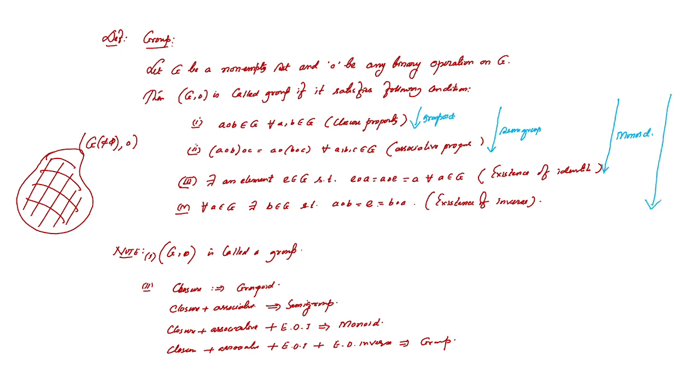If all four properties hold, this is basically a group. That we must recall. Now we'll start with one important problem, and before that we will give the example.